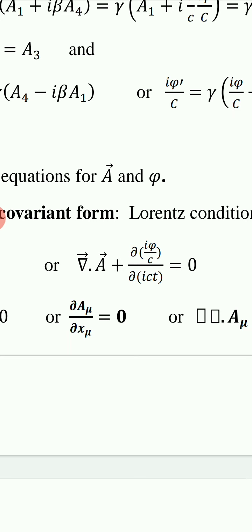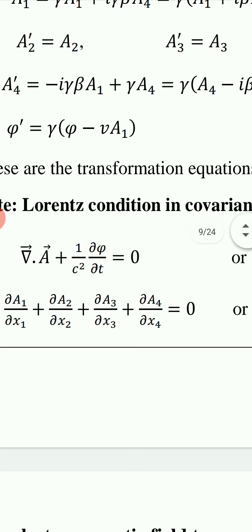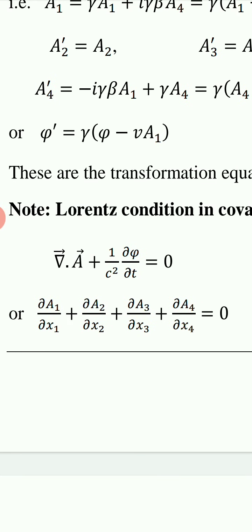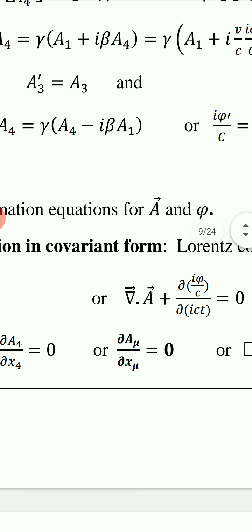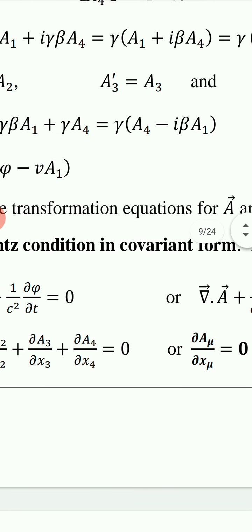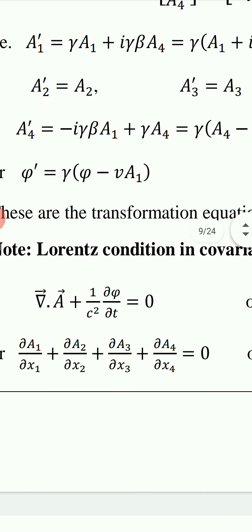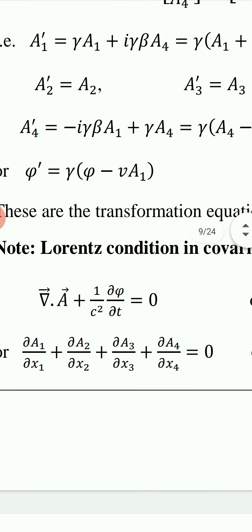Del vector dot A vector is equal to delta A1 upon delta x1 plus delta A2 upon delta x2 plus delta A3 upon delta x3, and this second term becomes delta A4 upon delta x4. So the Lorentz condition now reduces to this equation: delta A1 upon delta x1 plus delta A2 upon delta x2 plus delta A3 upon delta x3 plus delta A4 upon delta x4 equal to 0.